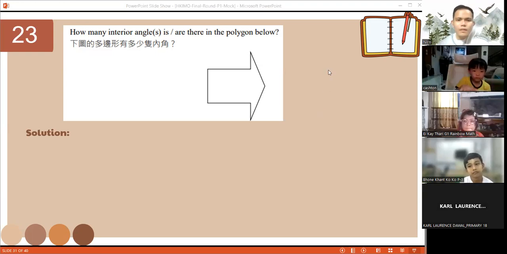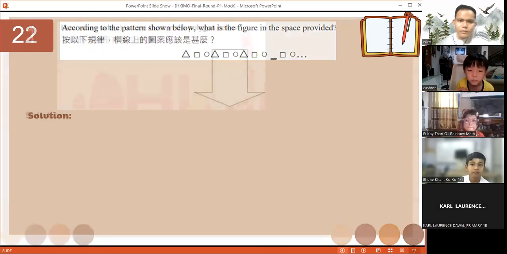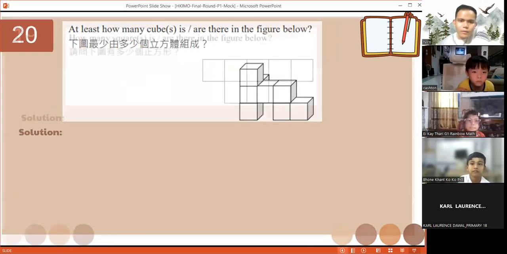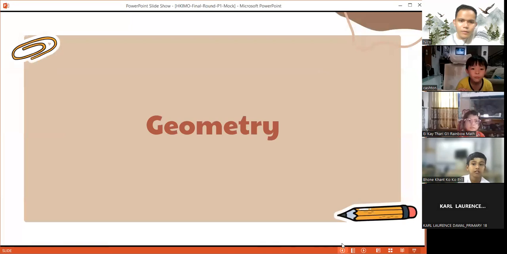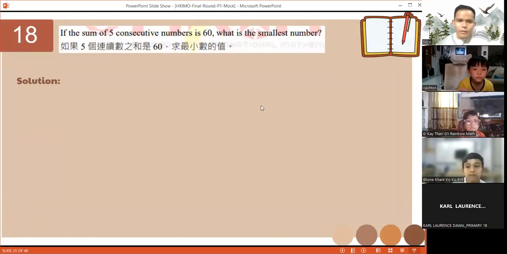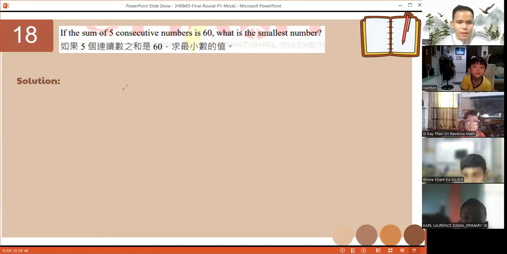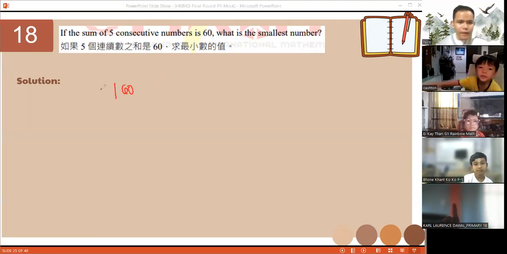60 divided by 5. Okay. Can you see this one? Number 18. Is it 18? I think so. Okay, so that's 60. And then we divide it by 5.